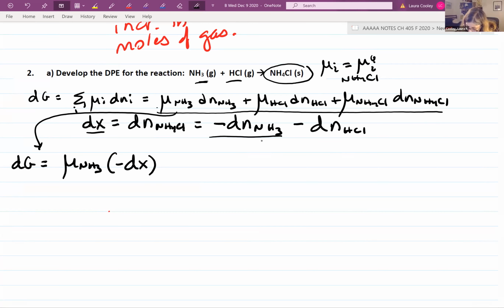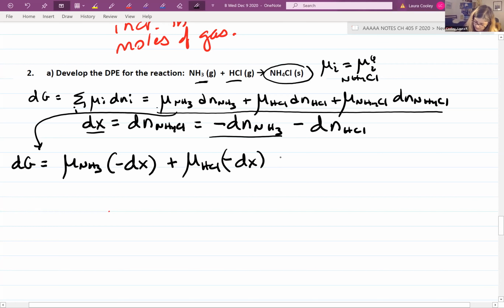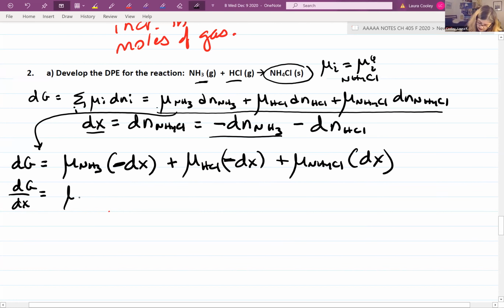It doesn't matter the order. Plus mu HCl times minus dx plus mu NH4Cl dx. So negative signs in front of all the reactants, positive sign for the product, and there are no coefficients, so we're good. So then dG/dx is just this: minus mu NH3 minus mu HCl plus mu ammonium chloride.